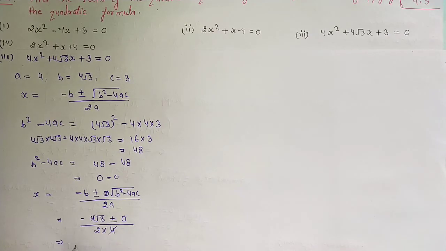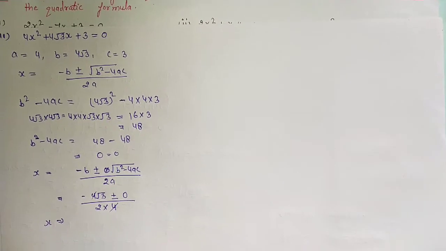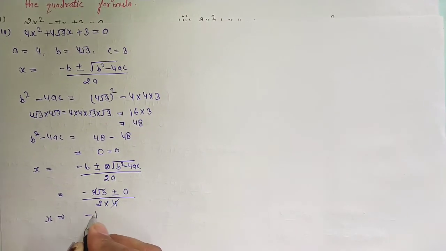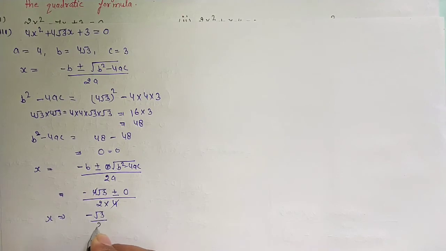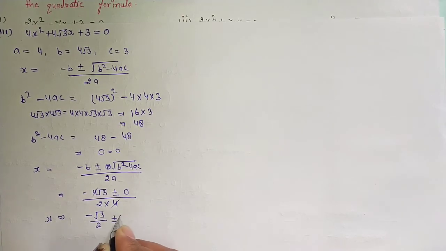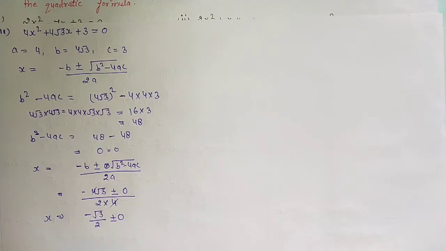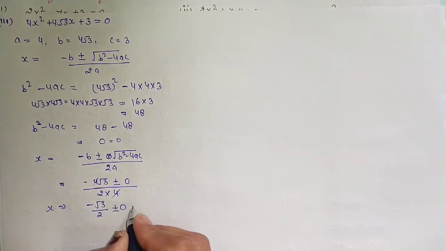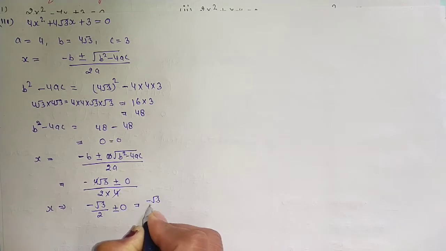Four is cancelled by 4, and the value of x is minus root 3 upon 2 plus minus 0, or we can write it as minus root 3 upon 2.